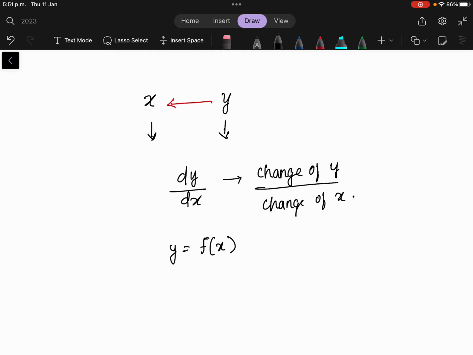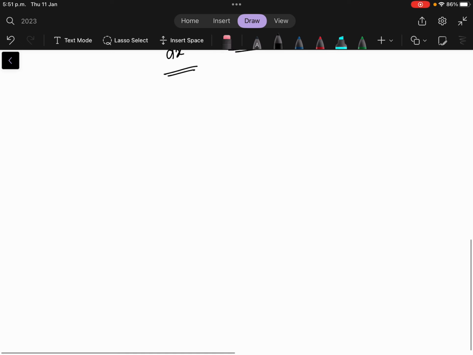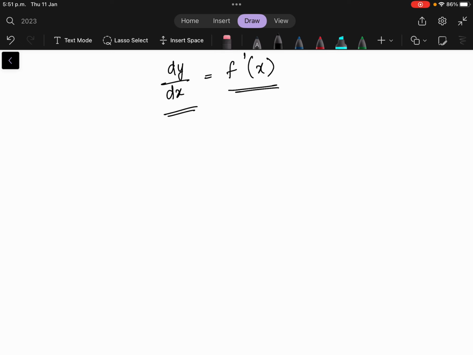Now dy by dx, which is change of y with respect to change of x, can also be written as f dash x. So there are two notations we can use for differentiation: dy by dx or f dash x. Now, with this concept in mind, let us see how to tackle the problems.